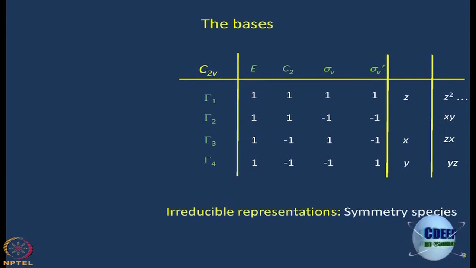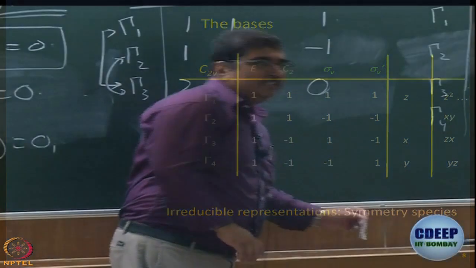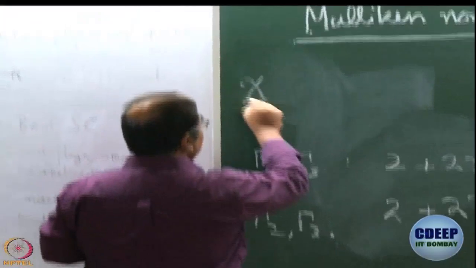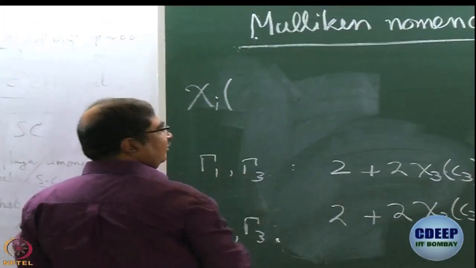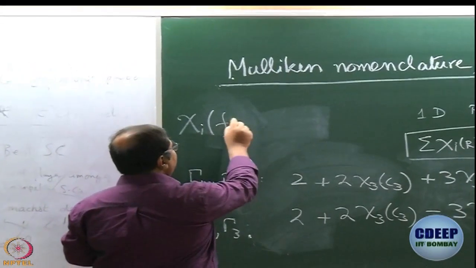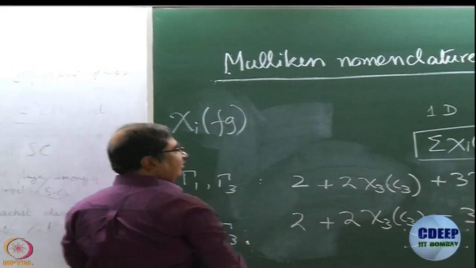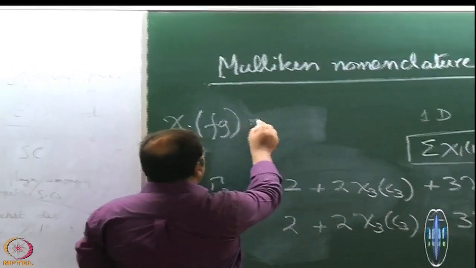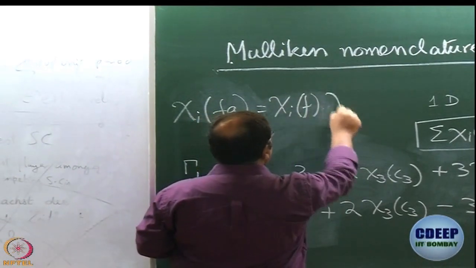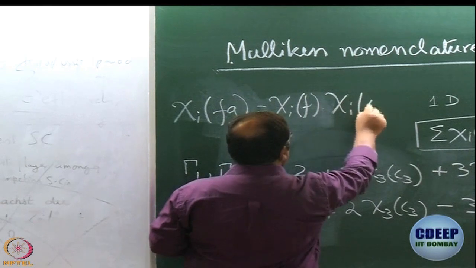Okay. So, one thing that we have said, something that we are going to use always is, how do I write two functions? I will write f and g: chi i of f into g is equal to chi i of f into chi i of g.